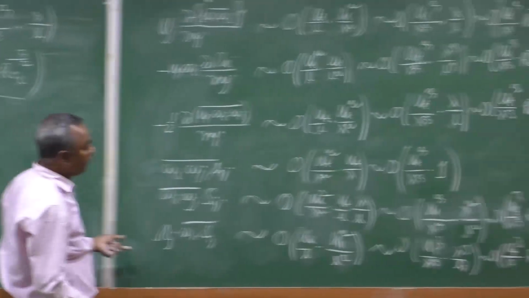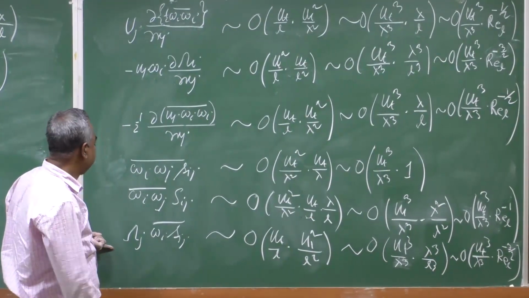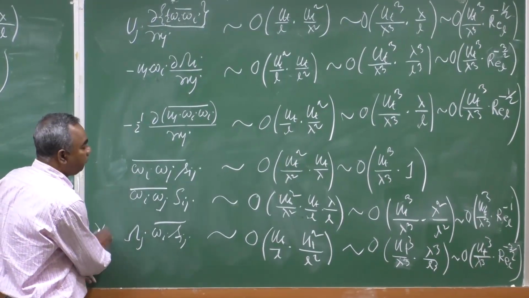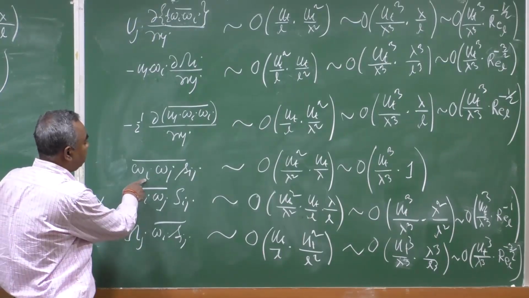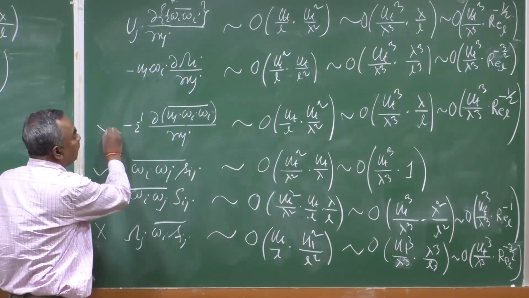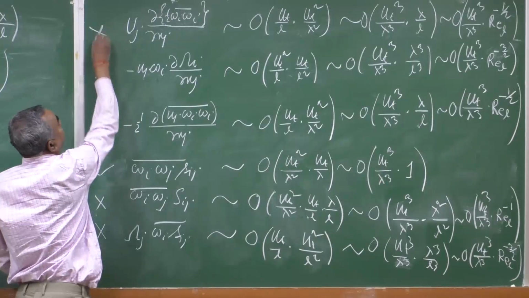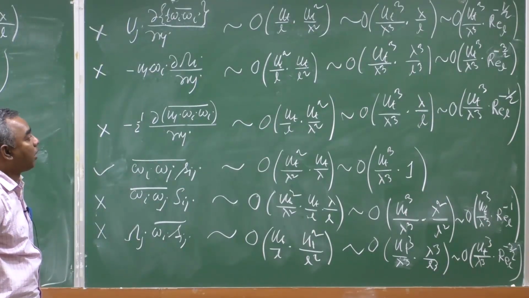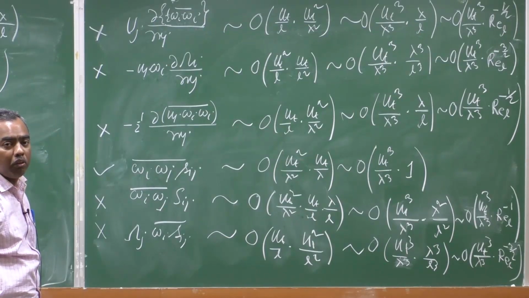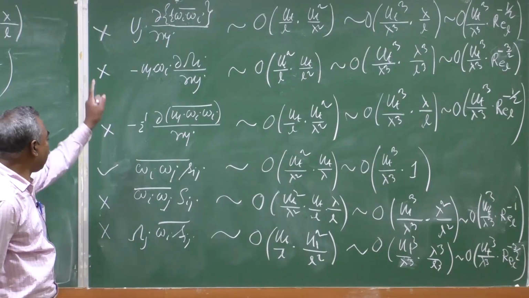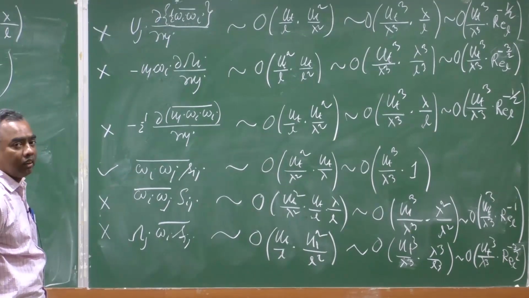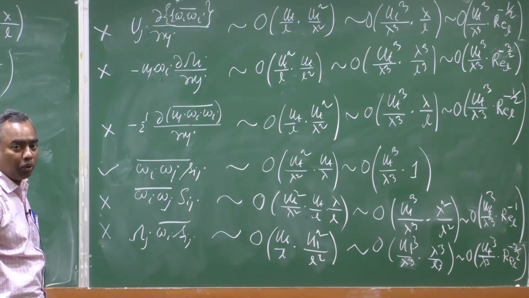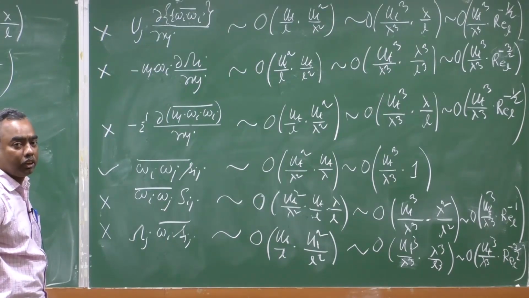Similarly, this term is negligible, this is also negligible, this is going to be there, this is negligible, this is also negligible, because all are functions of 1 by REL. So, for very high Reynolds number, the order of magnitude of all these terms except this term, and the last term which we do not know, can only be kept in the turbulent entropy equation.